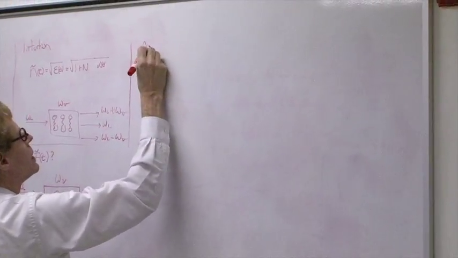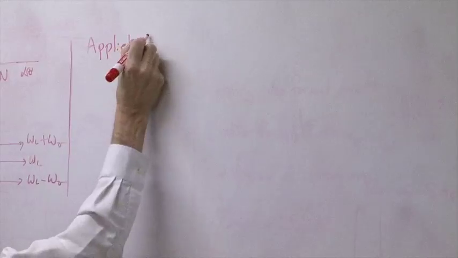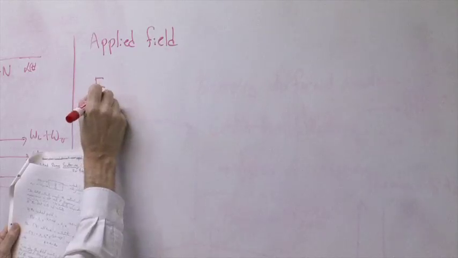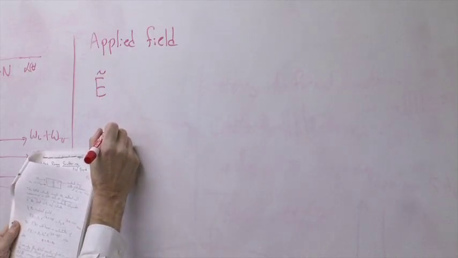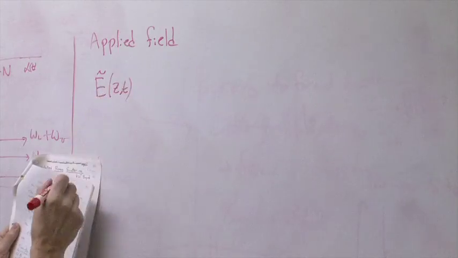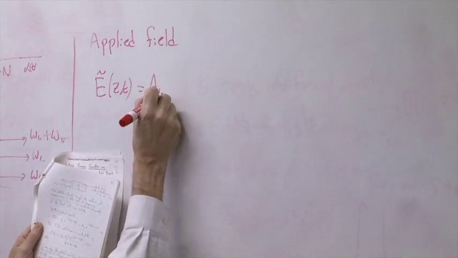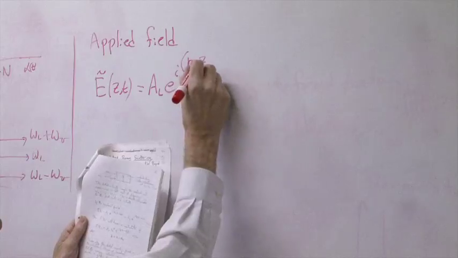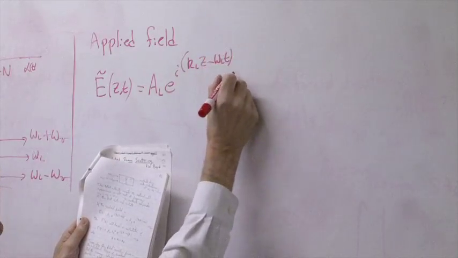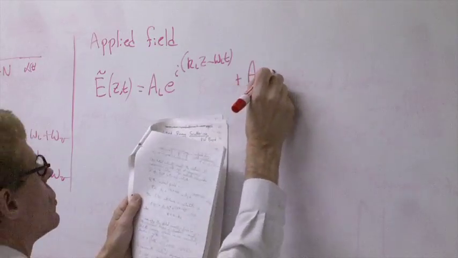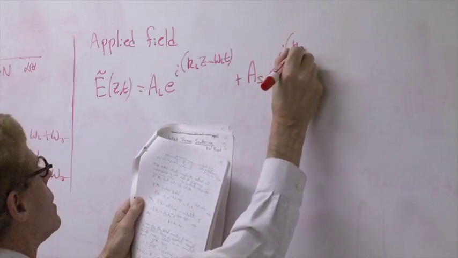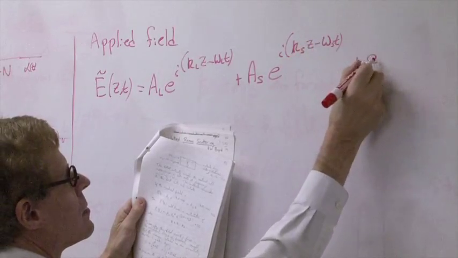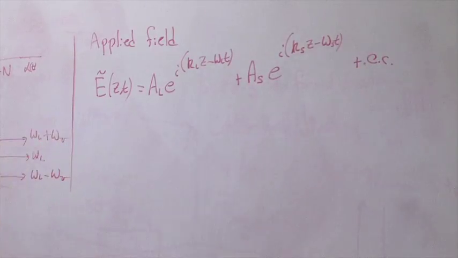So let's assume that our applied field is given by E of z and t is some laser amplitude e to the i k laser z minus omega laser t plus a Stokes e to the i k Stokes z minus omega Stokes t plus complex conjugate.